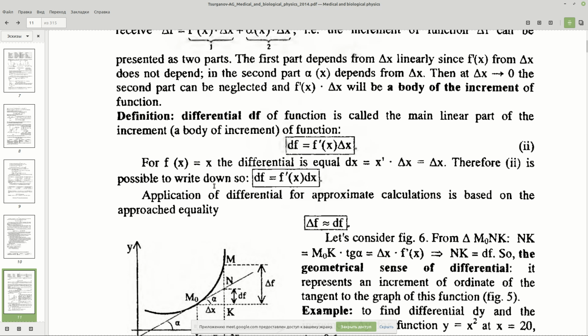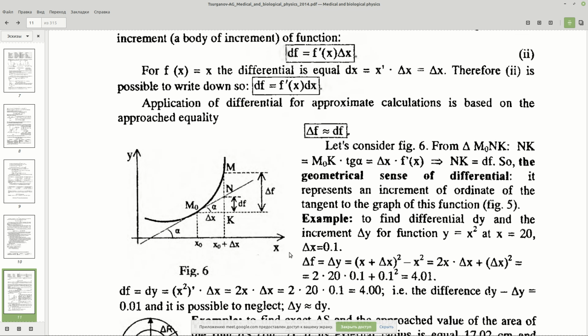We have a plot of the graph in Cartesian coordinates, figure 6, and let's consider the triangle M0 M K. NK equals M0 K multiplied by tangent alpha, which equals delta x multiplied by f prime of x, that is, df, the differential of f.